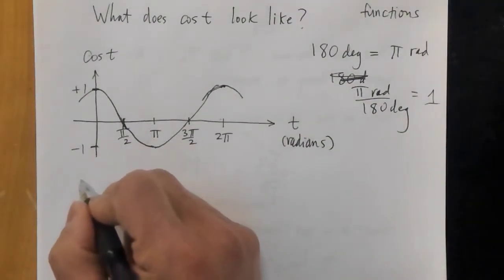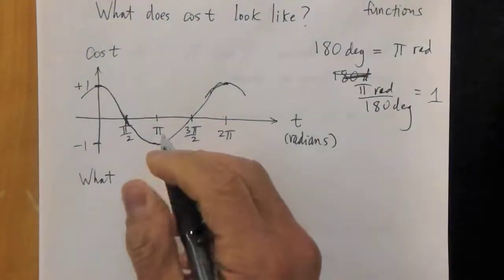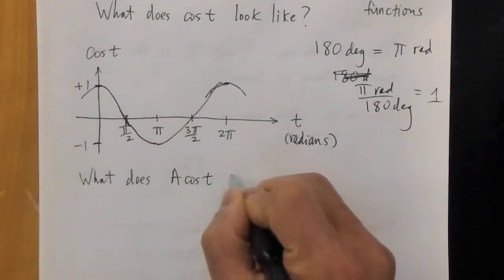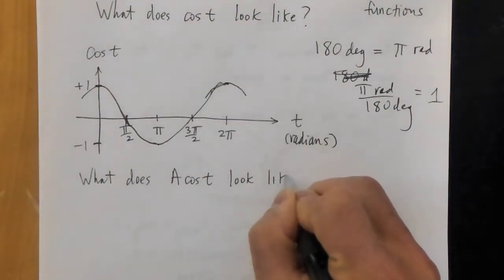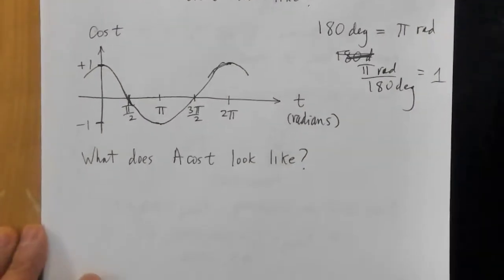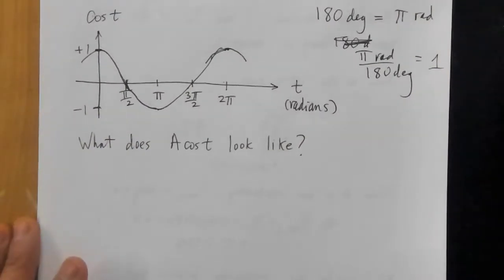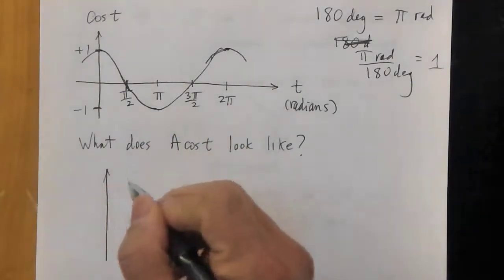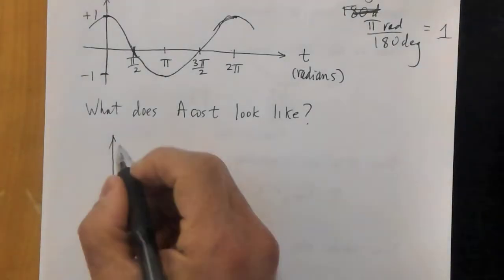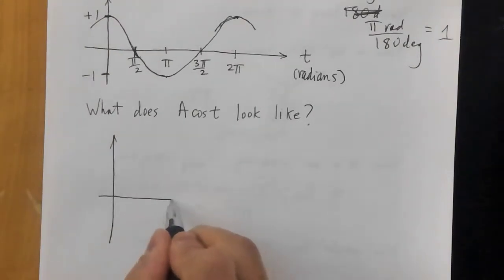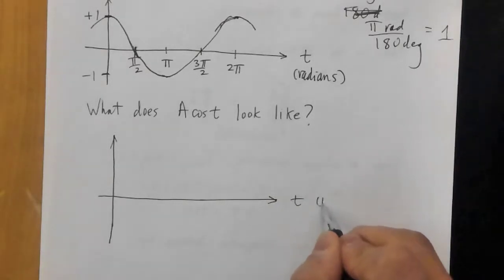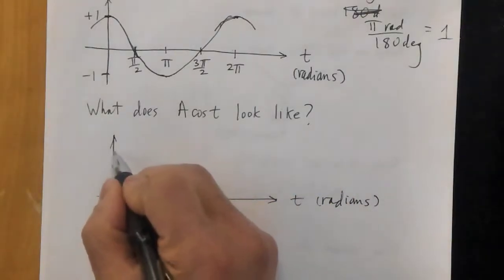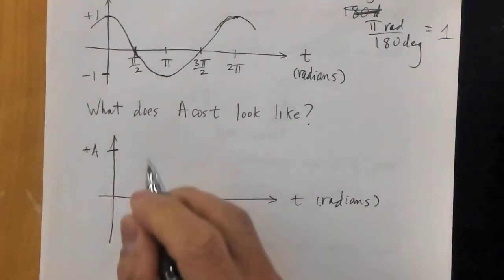Now, what does a cosine of t look like? All right. Well, I'm just multiplying by a. So what it will look like is this. Let's say a is a little bit bigger than 1. t is again in radians. And let's say this is now positive a.